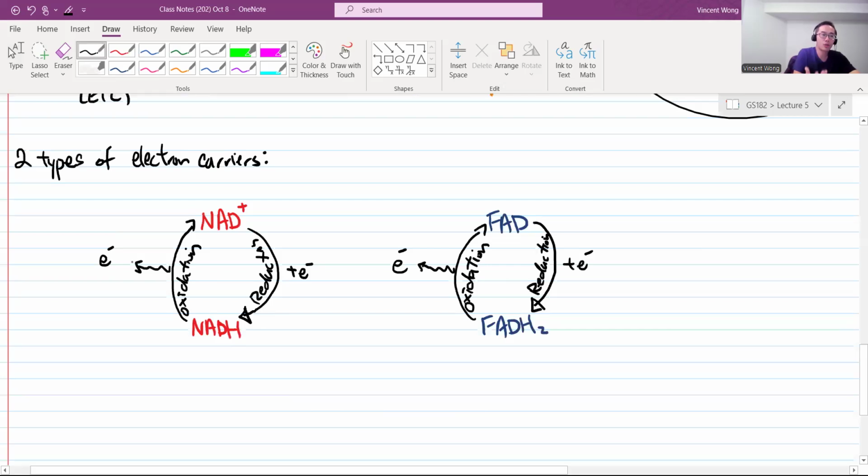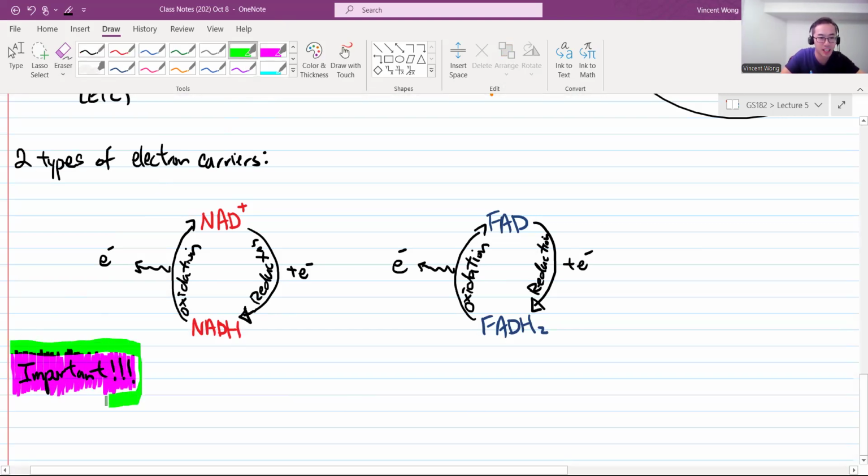So how much energy do these carriers actually carry? This is important. I'll highlight it for you. I always highlight it when I write this, but then people always forget by the time I ask them about it later. So maybe double highlight it if you can.